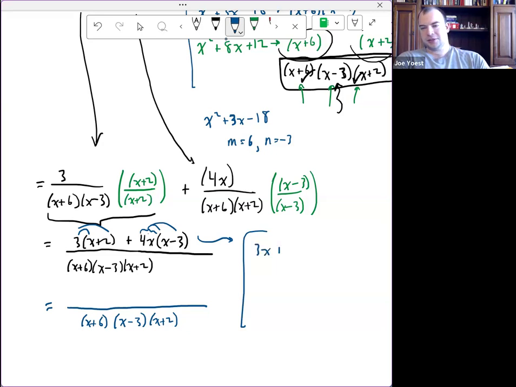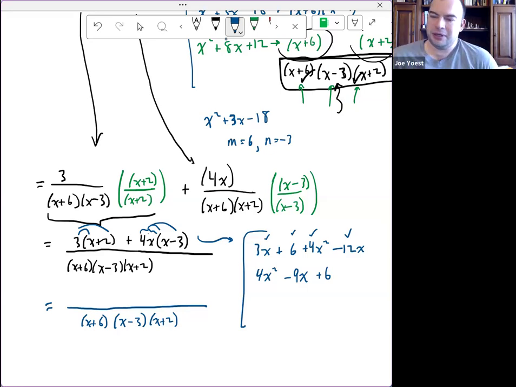So I end up with 3x plus 3 times 2 is 6, plus 4x squared, and then minus 12x. So I get 4x squared minus 12x plus 3x minus 9x, and then plus 6. Do I have any common factor that could come out? Not quite. I almost have a 2 and almost have a 3, but not quite.